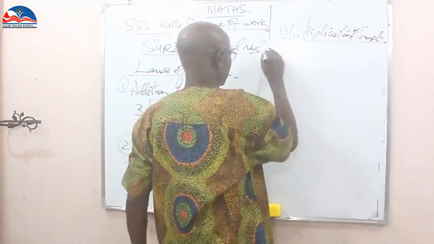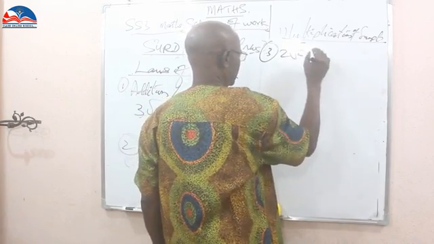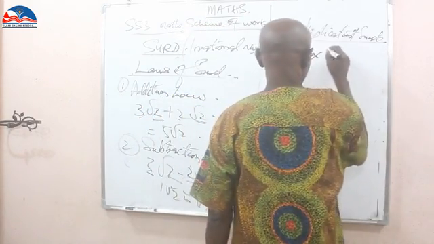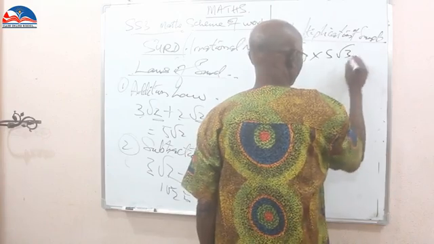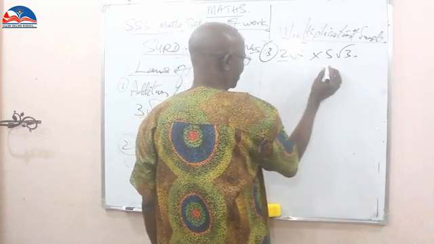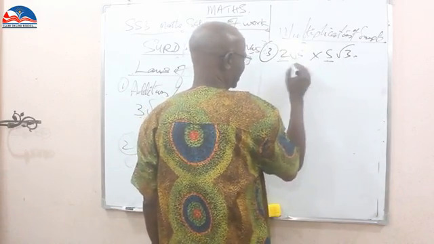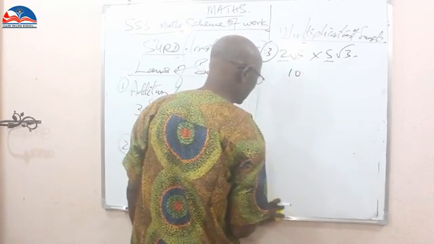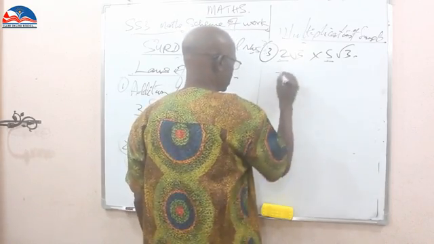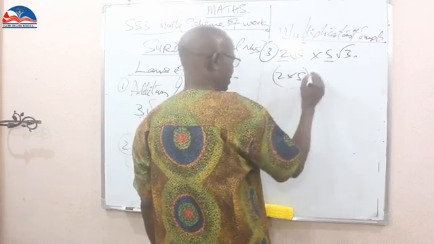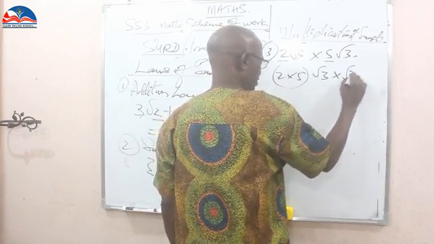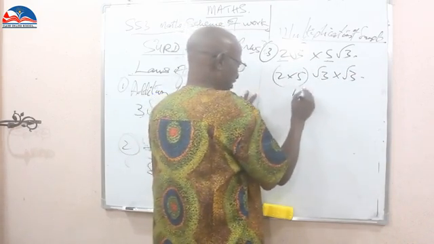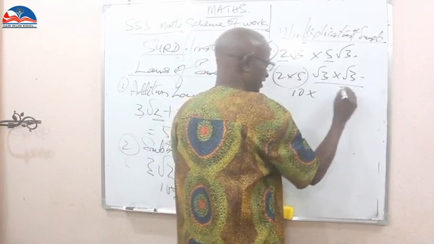And that's example number 3. I'll give 2 root 3 times 5 root 3. The ordinary numbers here are multiplied: 2 times 5 is 10. And root 3 times root 3 is 3.